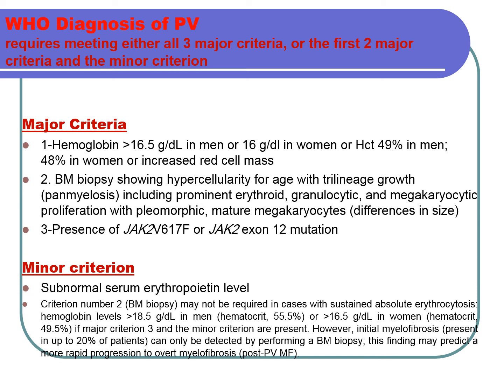One of the major criteria of polycythemia vera is hemoglobin more than 16.5 for males and 16 gram for females, or hematocrit more than 49% in men and more than 48% in women, or increased red blood cell mass; a biopsy showing hypercellularity for age with tri-lineage growth, meaning panmyelosis; and the presence of a certain mutation like JAK2 mutation, either in exon 14 or 12.